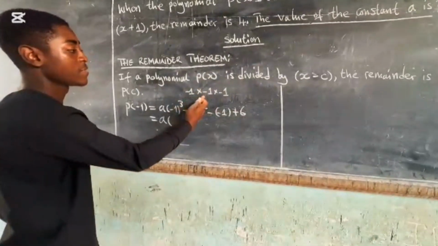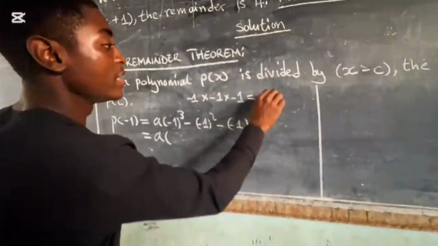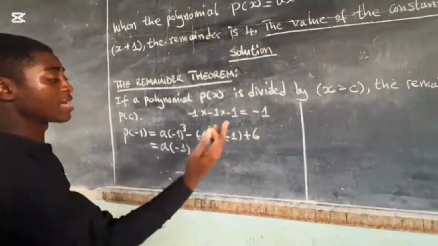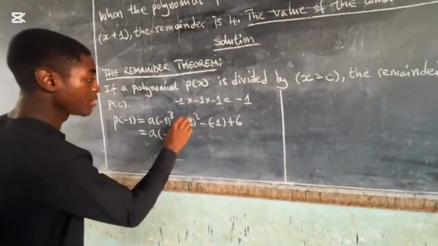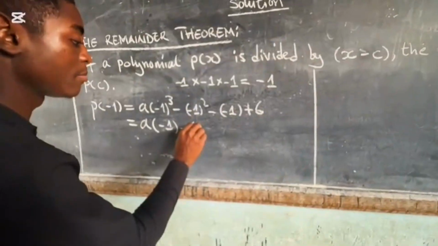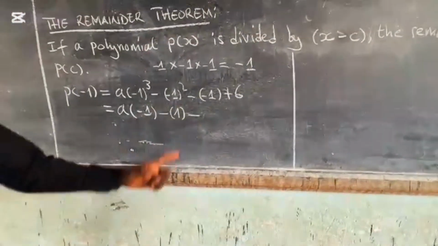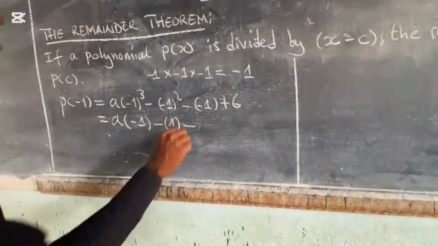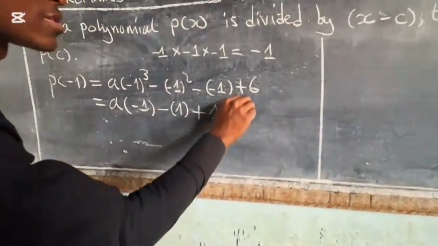Negative times negative gives us positive, times another negative gives us negative 1. So a times negative 1, minus negative 1 times negative 1, which gives positive 1, minus negative 1, where the negative signs cancel and it becomes positive 1, plus 6.